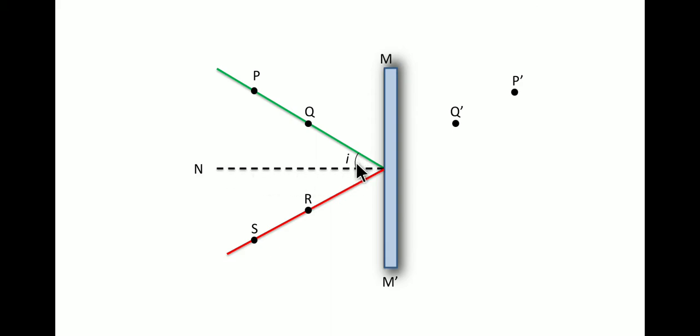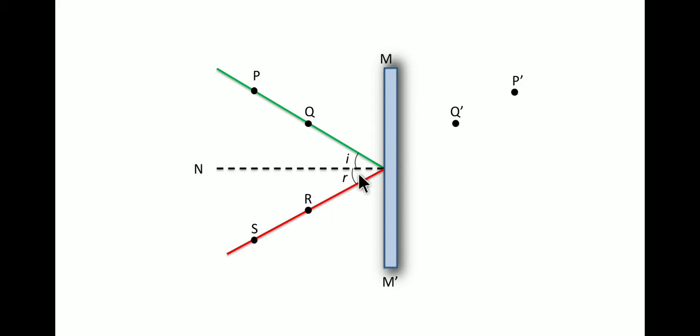And next the angle formed between the normal and the reflected ray is the angle of reflection. So this is the angle of incidence and the angle of reflection.